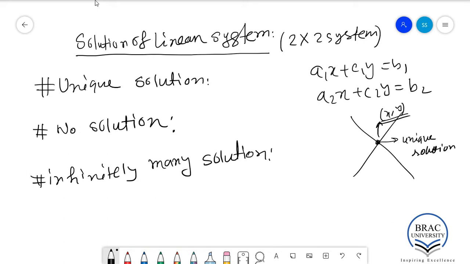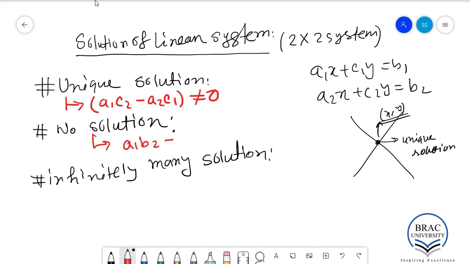This is only possible when a1 times c2 minus a2 times c1 is not equal to 0. I will justify why this is so. For no solution, we can have a1 b2 minus a2 b1.